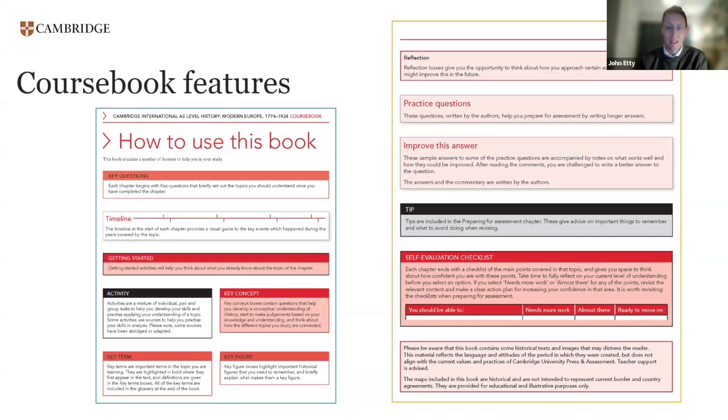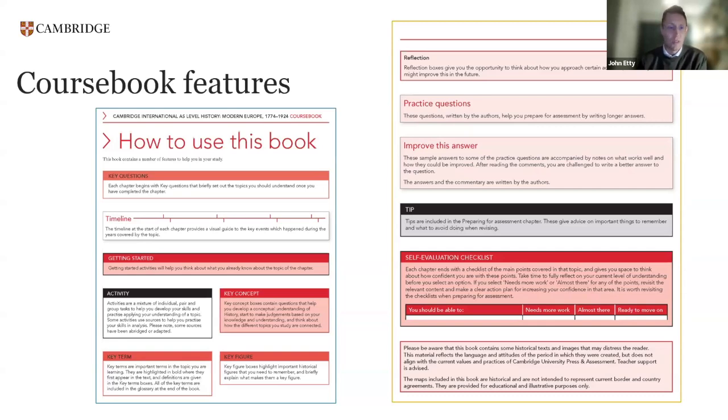I've already mentioned accessibility. That's addressed through the writing of the text, which has been carefully checked to make sure that the language levels are appropriate for all of the different kinds of students who'll be accessing this syllabus, including students for whom English is an additional language.